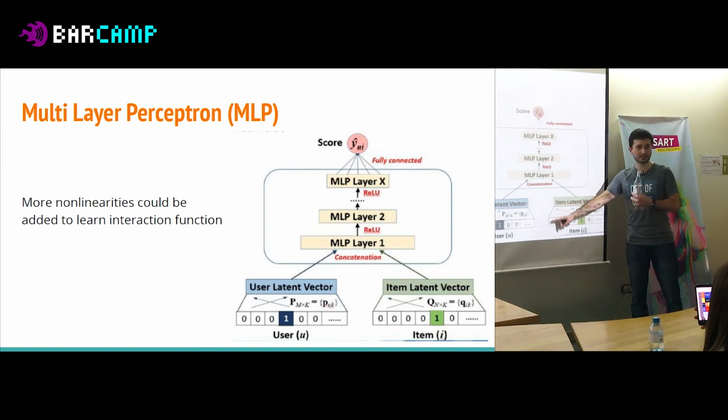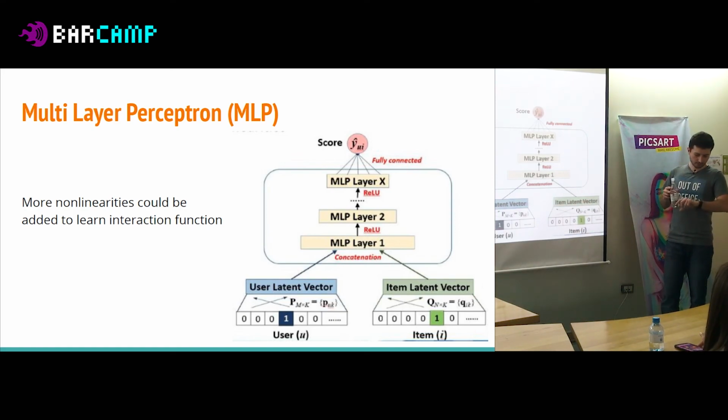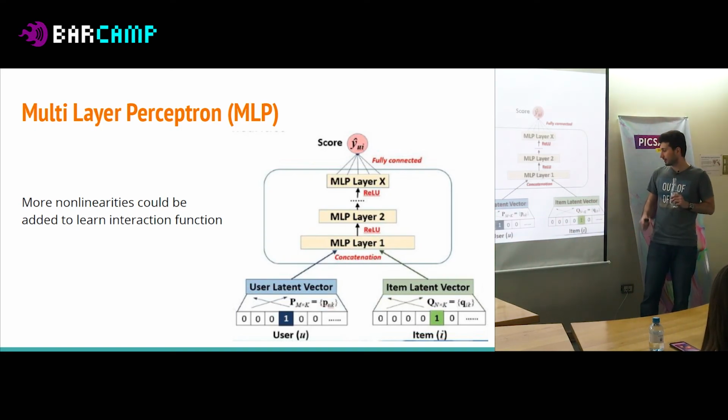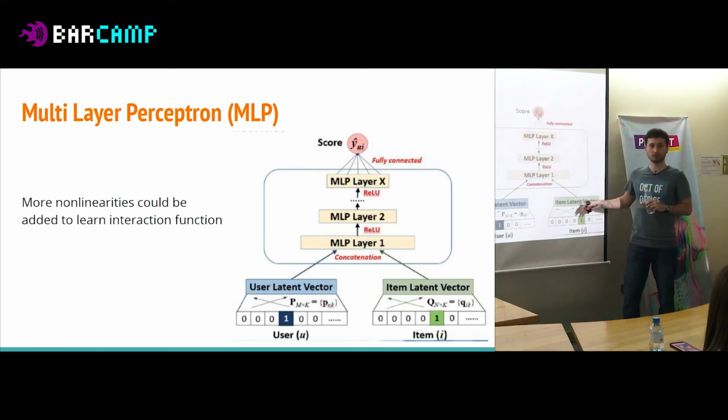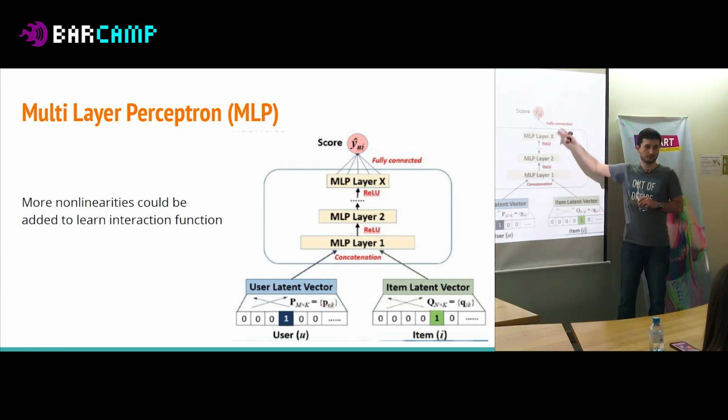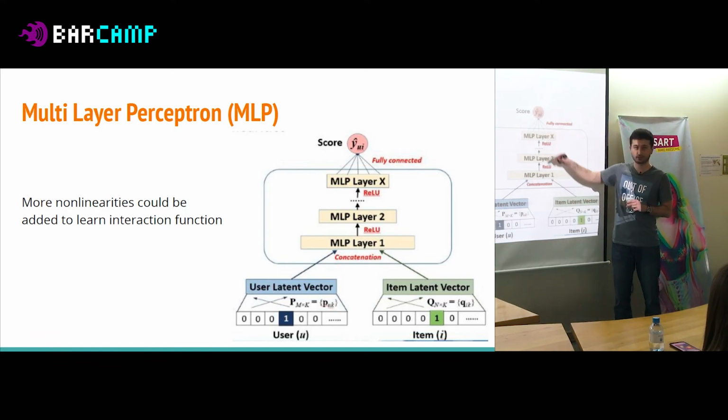Again, we can start the same way. We can start with the one-hot encoded vectors of items and users that will go to a fully connected embedding layer. And then we will get a tower structure, like a pyramid structure of fully connected layers with some activation functions, ReLU, for example.